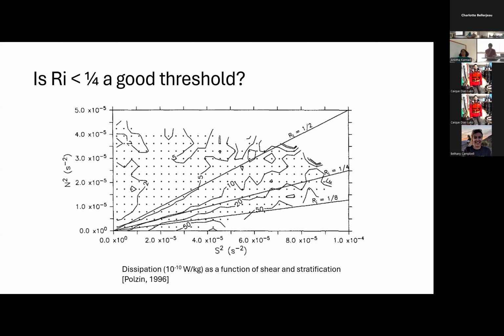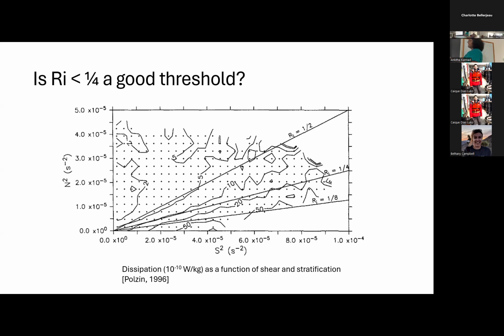the debate of whether Richardson number is a good threshold is still a very prevalent one. Mostly because, as we discussed, it is a linear theory, and it doesn't take into account a lot of the nonlinear processes that we see in the ocean.